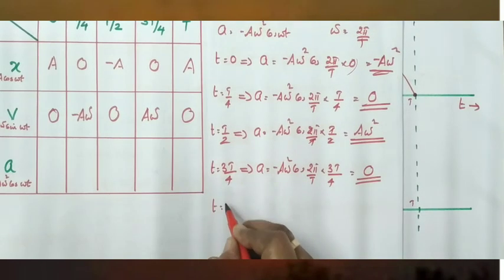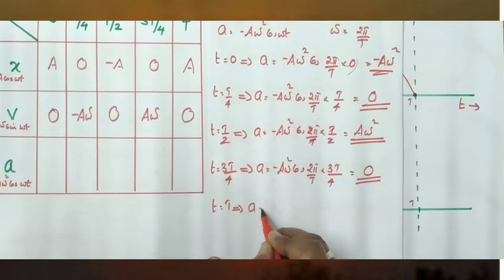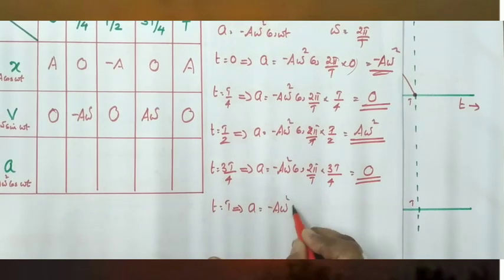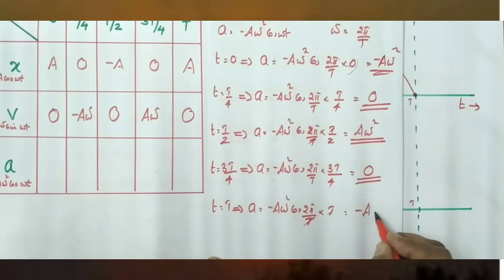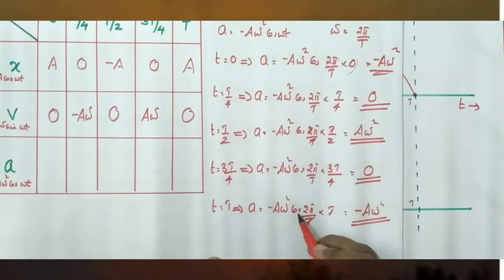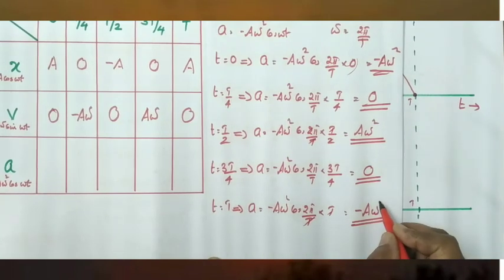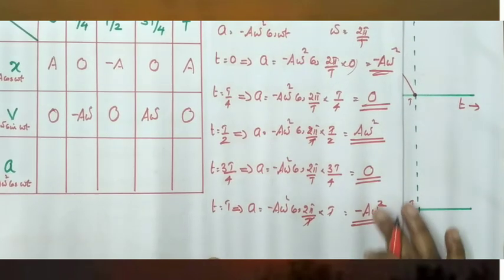Now t becomes time period T, acceleration a equal to minus a omega square cos (2 pi by T into T). So cos 2 pi is 1, so here it is minus a omega square. So these are the values.